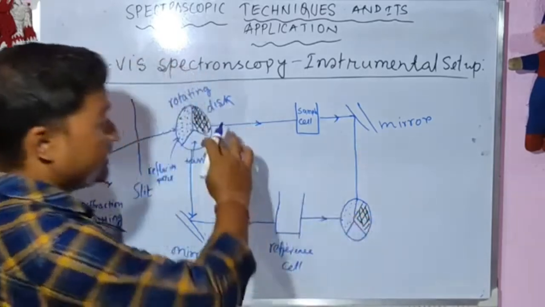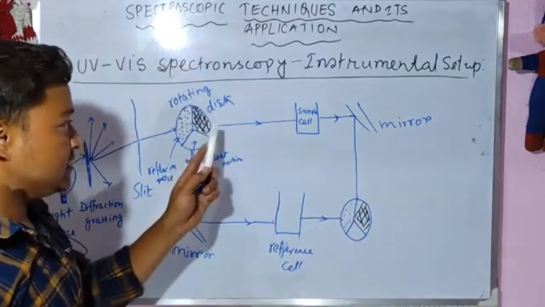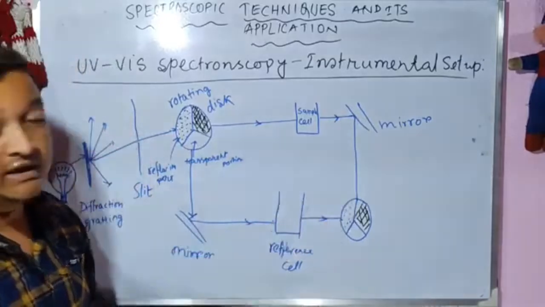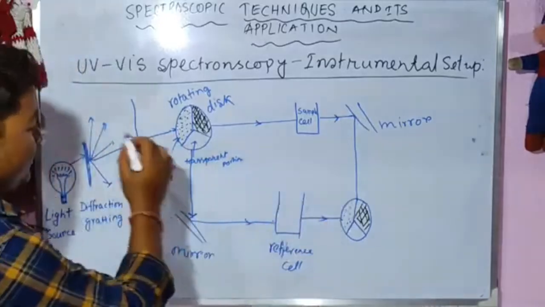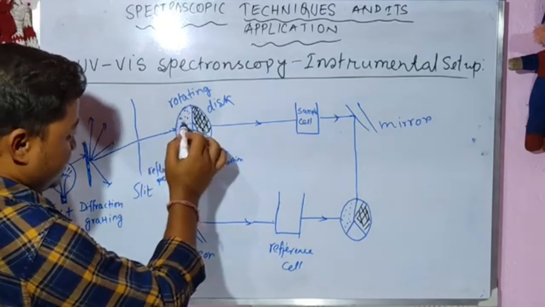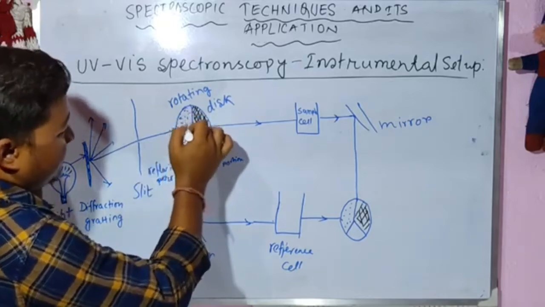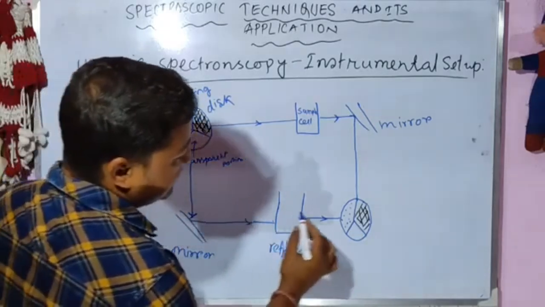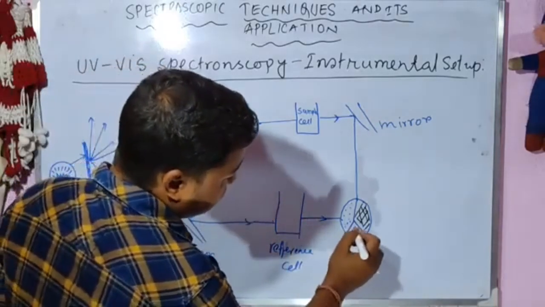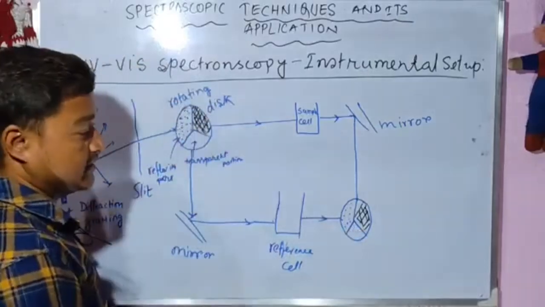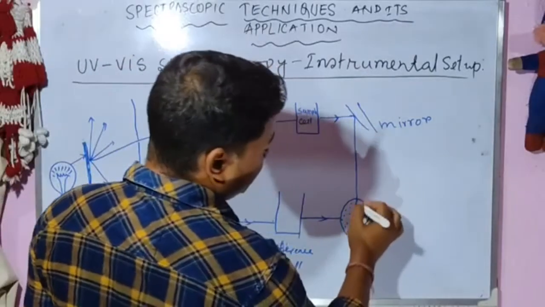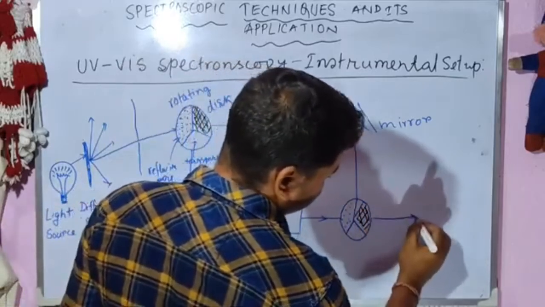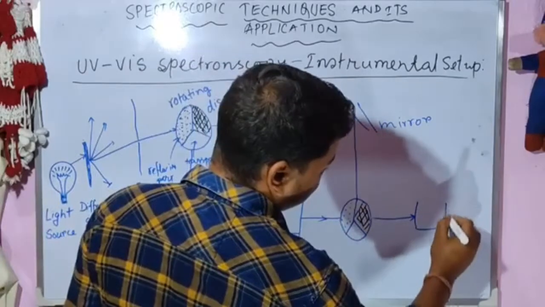The light that falls on the reflection portion can fall on the transparent portion, and the two lights go this way to the detector.